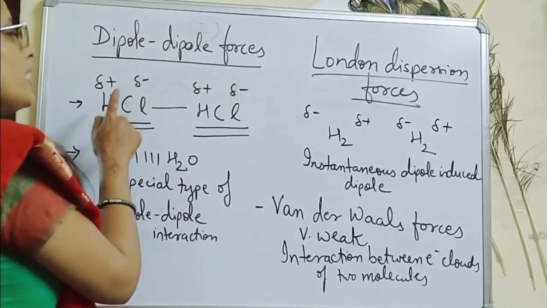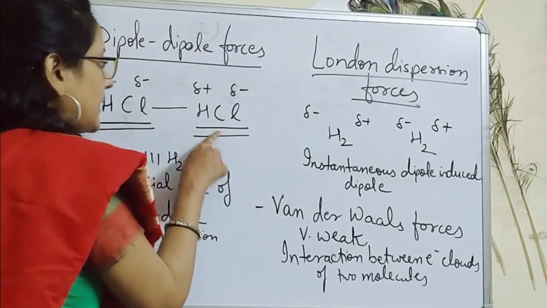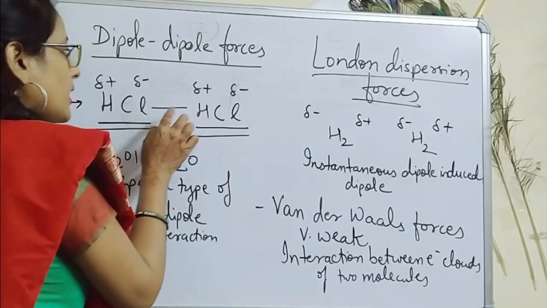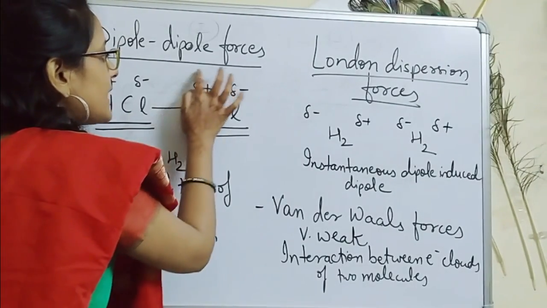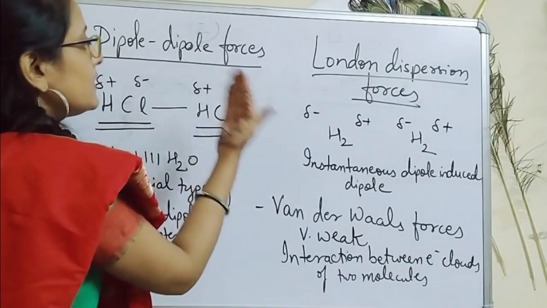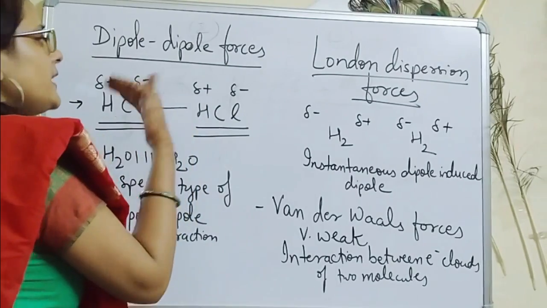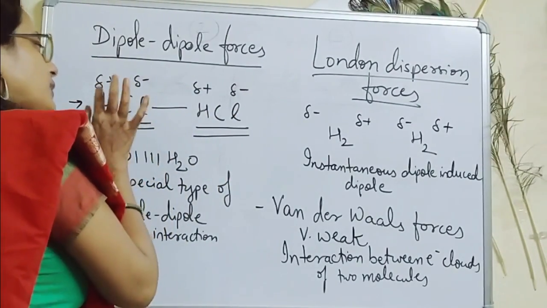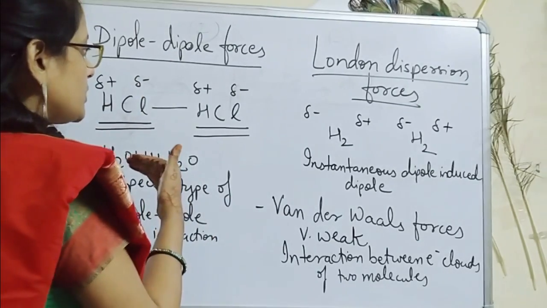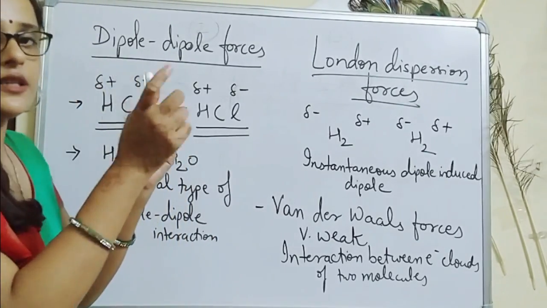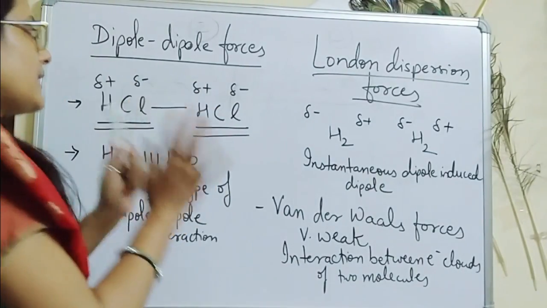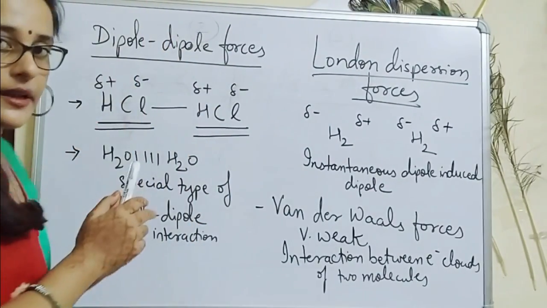This dipole can interact with another dipole, that is, this slight negative end can form a bond with the slight positive end of another such molecule or any other dipole molecule. So when a dipole molecule interacts with another dipole molecule, that is, the interaction takes place between two different poles of two polar molecules, that case is called dipole-dipole interaction.